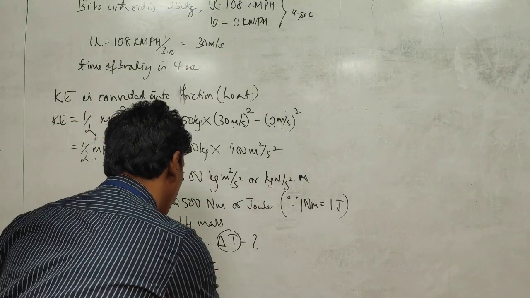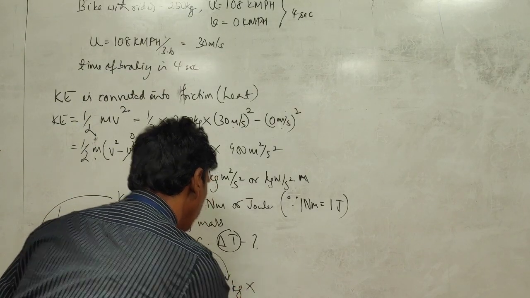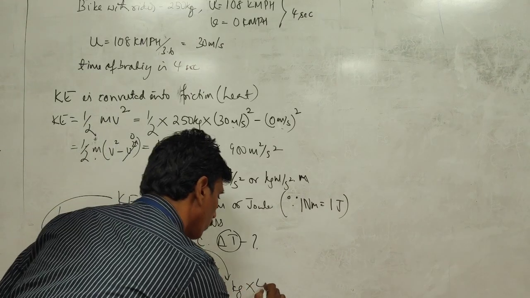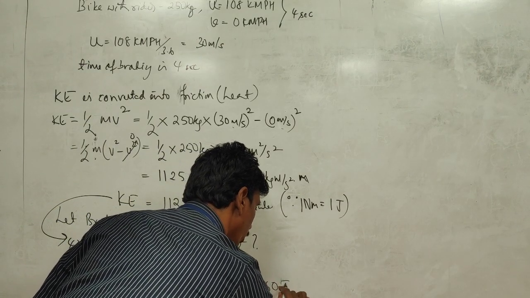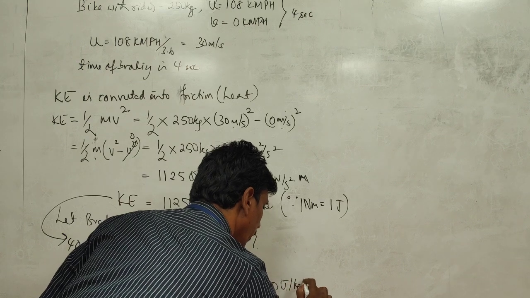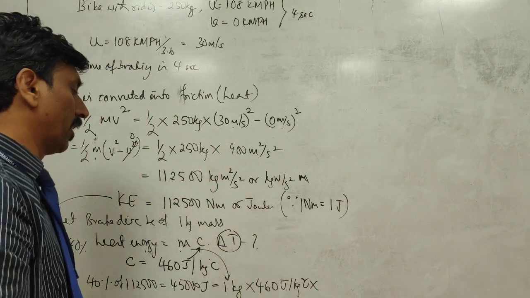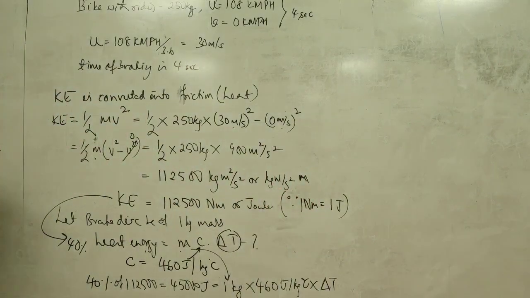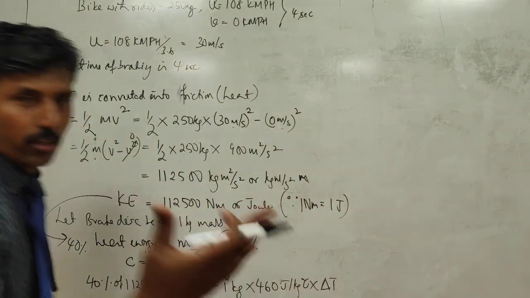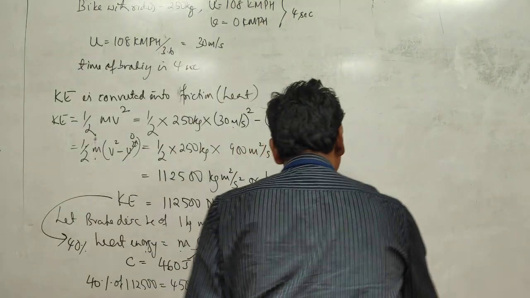45,000 joules is equal to m, which is 1 kg, times c, which is 460 joules per kg per Kelvin or degree centigrade, multiplied by delta T. Guys, I'll write here because the video will not be able to capture anything below this line.